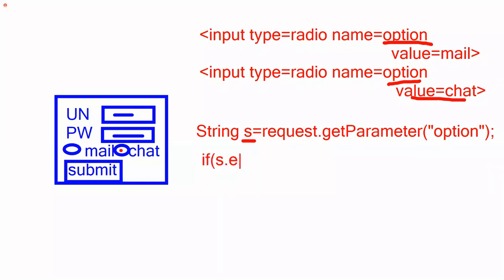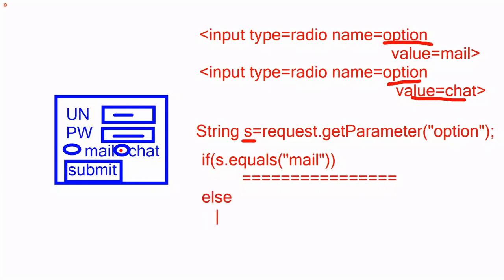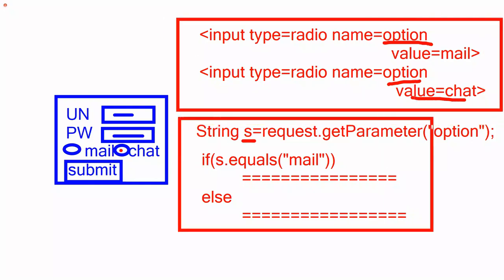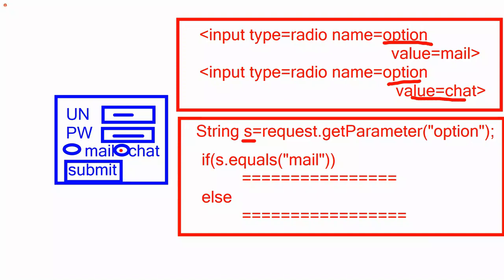If s.equals("mail"), then redirect to the mail servlet with response.sendRedirect, or forward, whatever it may be. Either forward or include or redirect. Else, again forward or include or redirect to chat. So this code we have to write in HTML, and this code we have to write in the servlet. Like that it is possible, no? Like this you can do.